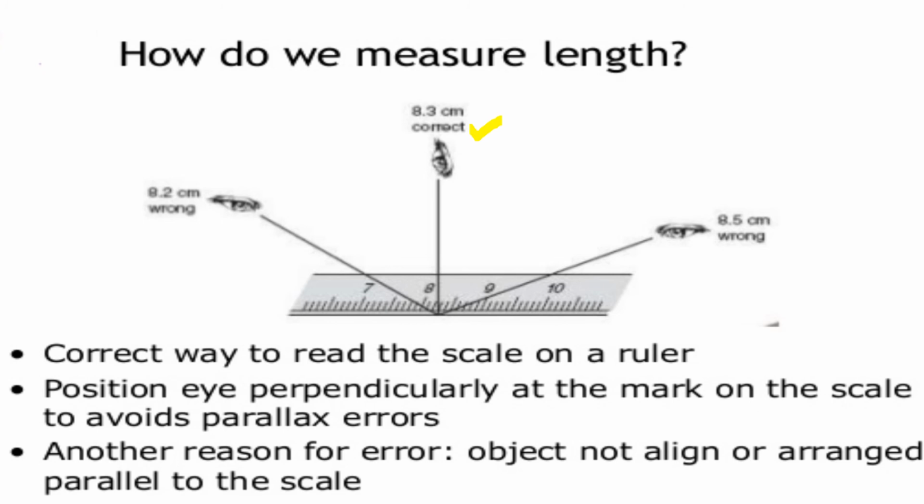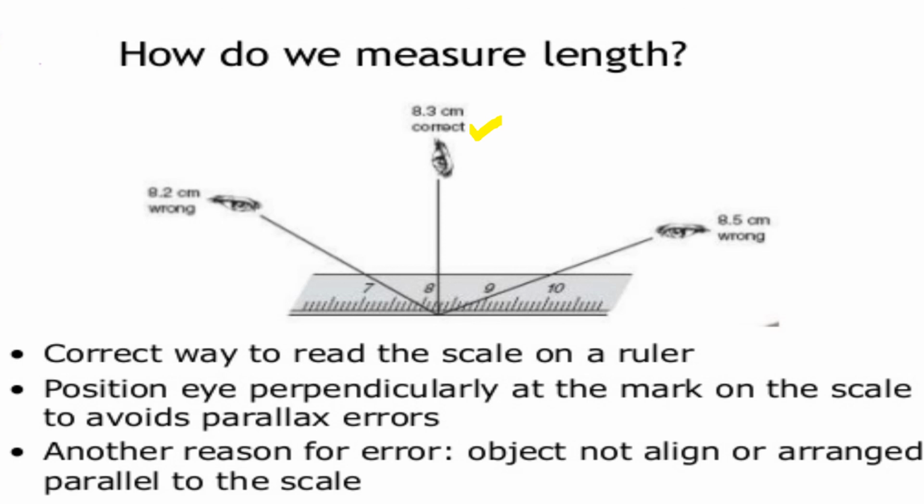So position your eye perpendicularly at the mark on the scale to avoid parallax errors. Another reason for error is the object not being aligned parallel to the scale. So it is better to use a divider to find the length of the line segment.